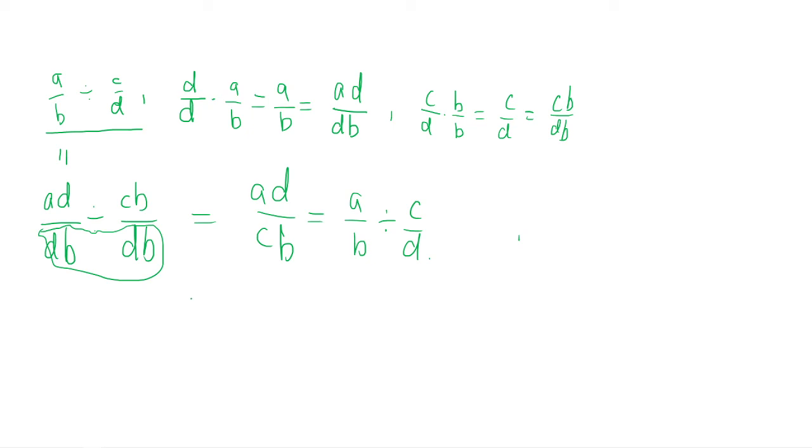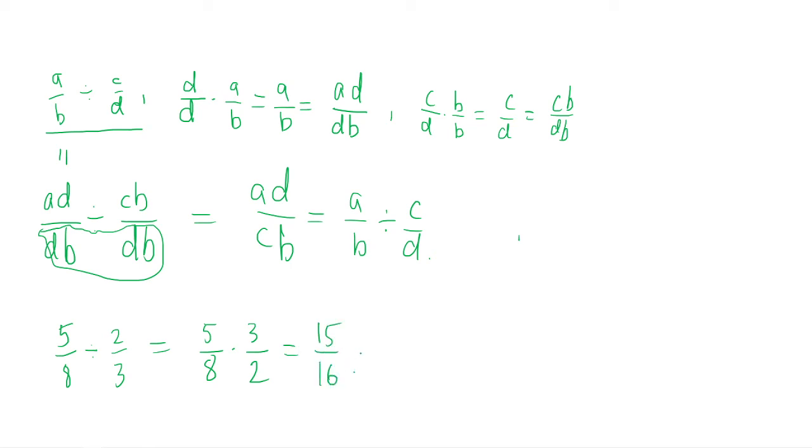For example, if we're going to divide 5 divided by 8 by 2 divided by 3, that's actually equal to, we just flip the second fraction, so that is equal to 5 divided by 8 multiplied by 3 divided by 2, which is equal to 15 divided by 16.